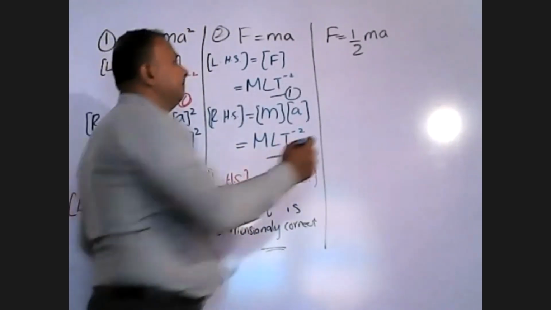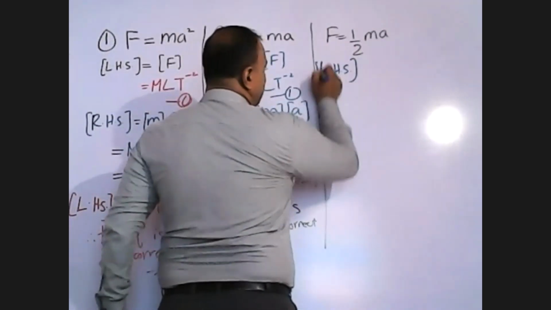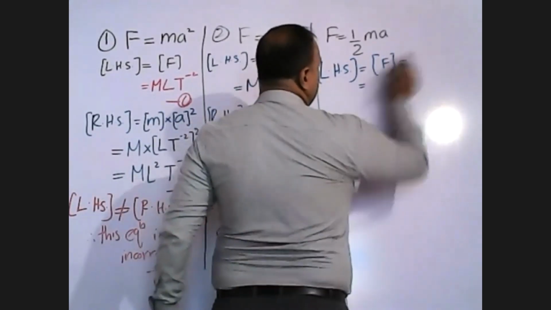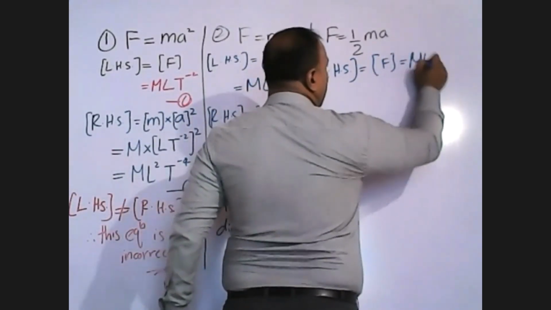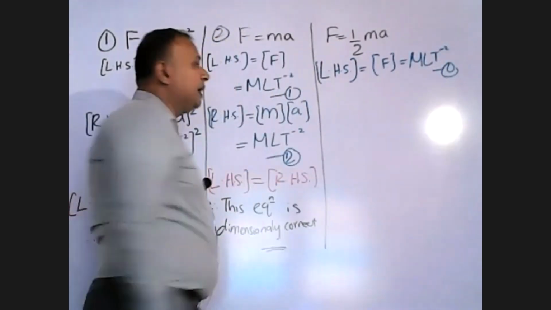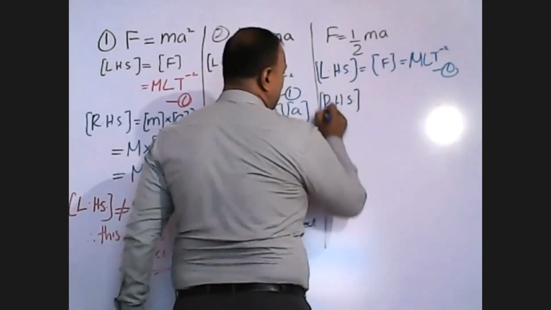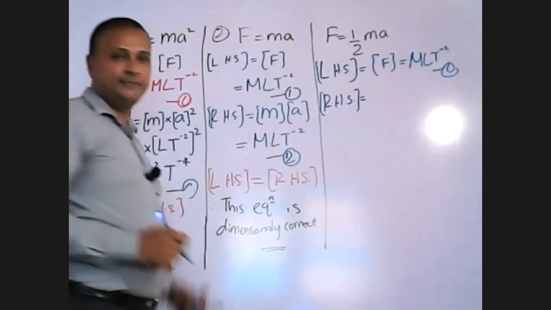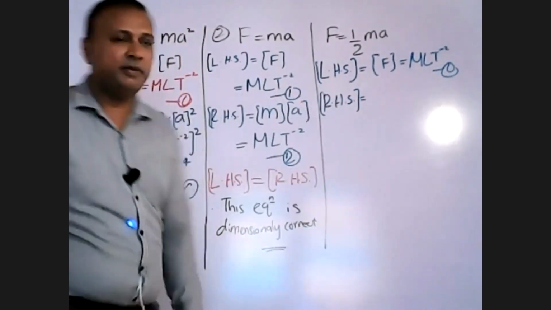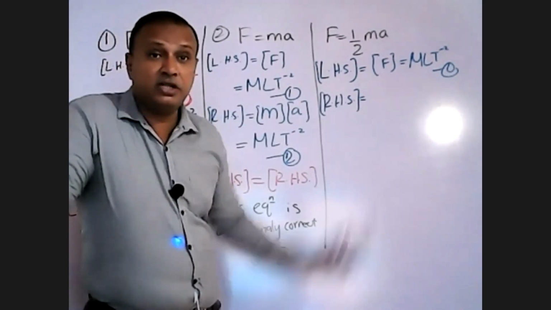The dimension of LHS is the dimension of force, so it is MLT^-2. Now take the dimension of RHS. What is the dimension of RHS?